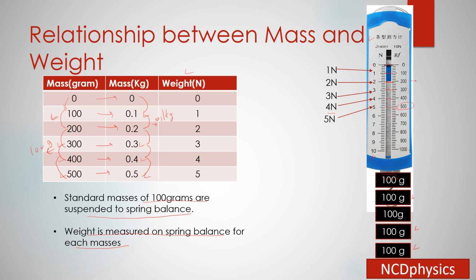When I make equal changes in mass, the weight also changes equally: 0 to 1, 1 to 2, 2 to 3, 3 to 4, and 4 to 5 is also 1 Newton each. So the change in the mass is equal, and the change in the weight is also equal.